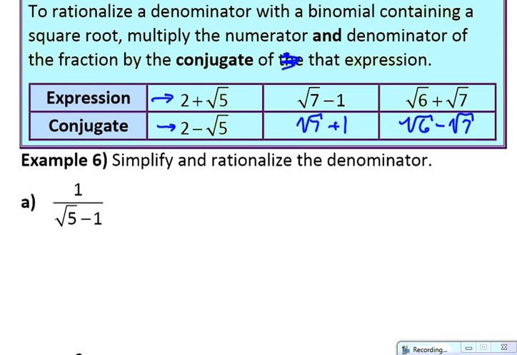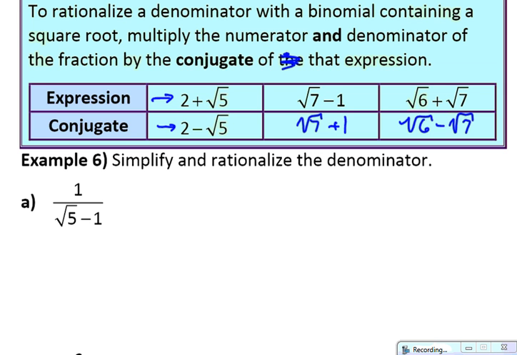All right, so for example 6, let's use conjugates to simplify and get that radical out of the denominator. If I were to just multiply by the square root of 5 as a clever one, when I distribute, I would still get a radical when I distribute it right there. So just multiplying by that square root of 5 in this situation will not work.